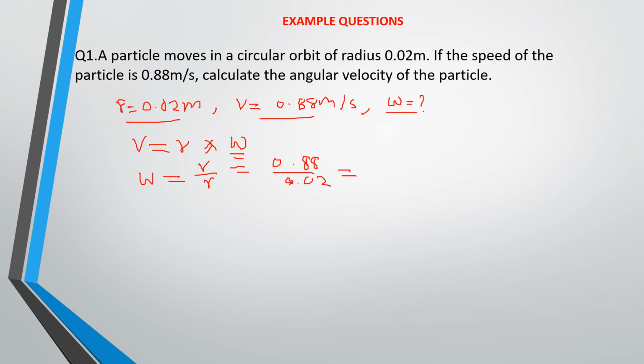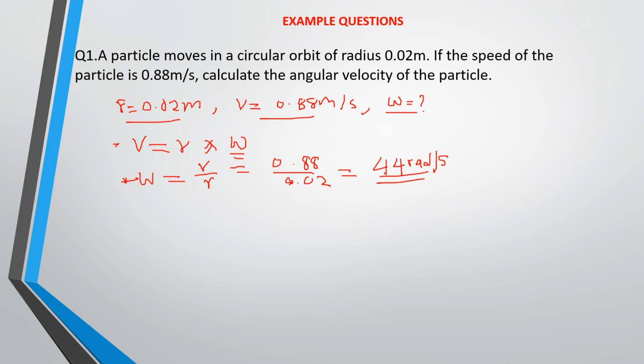So by the time you work that out, you are going to have that 0.88 divided by 0.02 is equal to 44 radians per second. So this gives you the angular velocity of the particle. So it's quite simple. Please know how to apply these equations and how to use them to solve different problems.